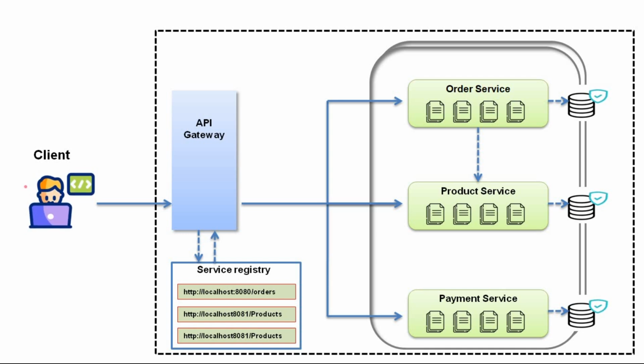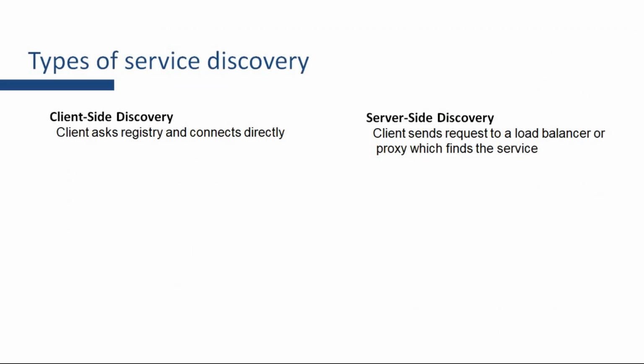There are mainly two types of service discovery you'll come across. First is client-side discovery, where the client itself is smart enough to find and connect to the service directly. It asks the service registry, gets the address, and makes the call. Then we have server-side discovery.